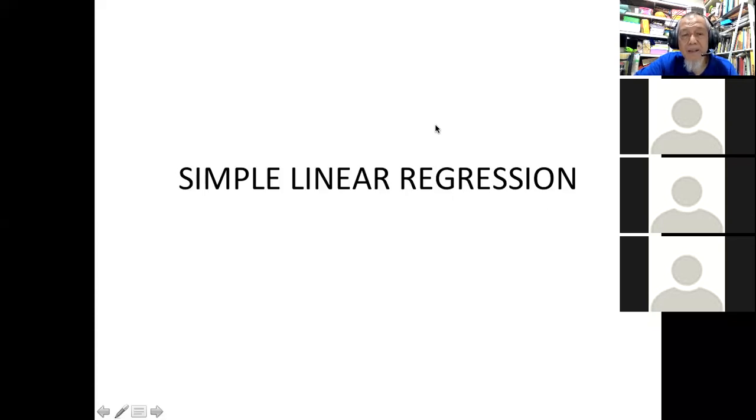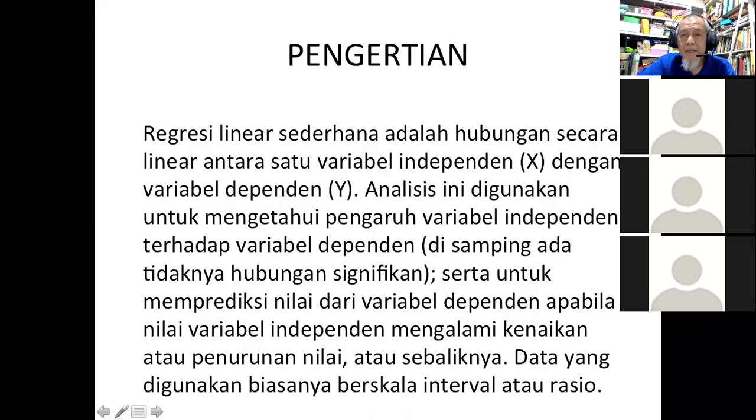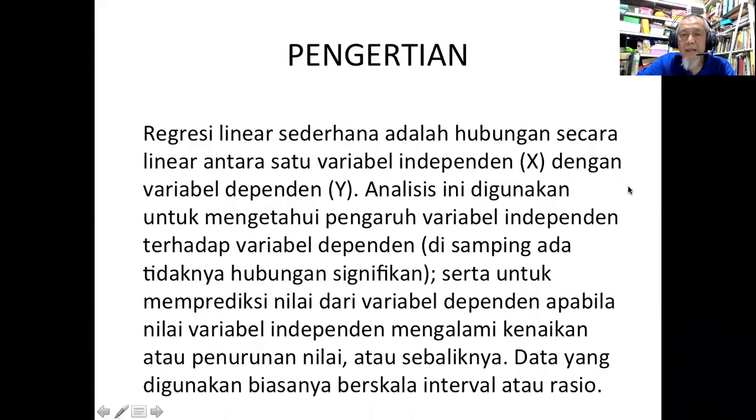Simple linear regression. Linear regression is looking at the relationship between two variables in a simple regression. One is the independent variable and the other is the dependent variable.